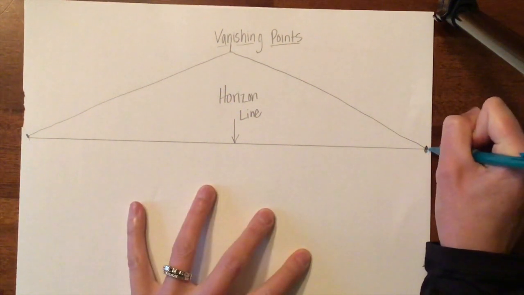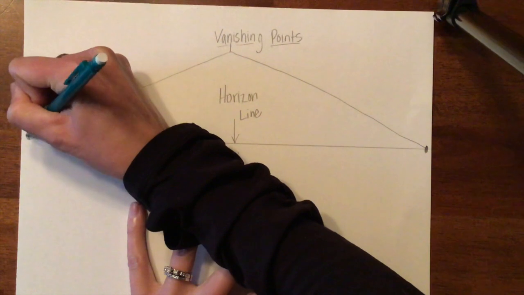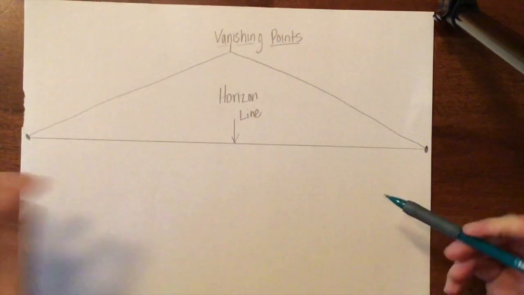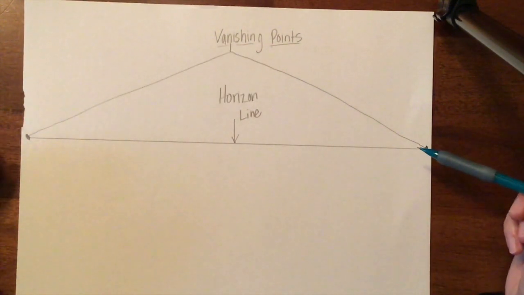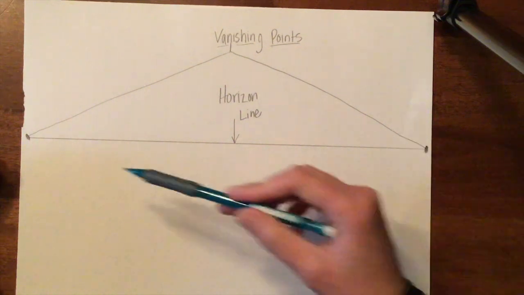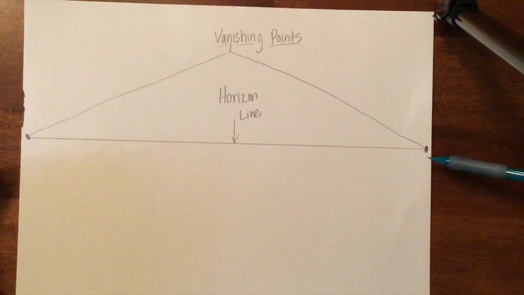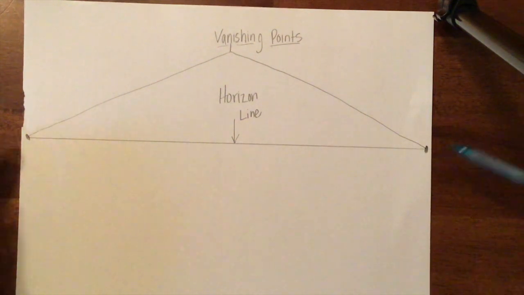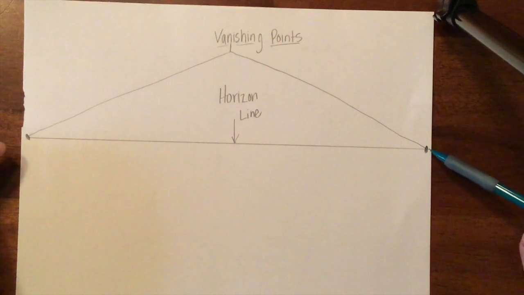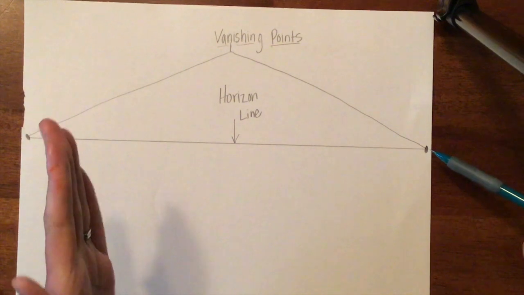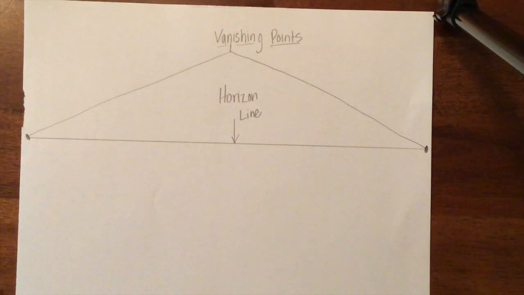So everything that we do for this, we'll talk about the horizon line, we'll talk about the vanishing point, and a lot of the lines that we draw will go to the vanishing points or they will be vertical lines, so straight up and down lines.